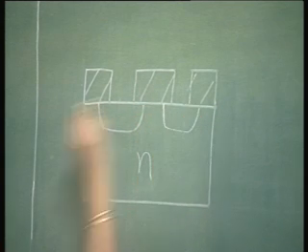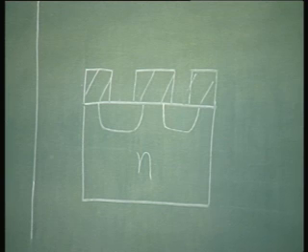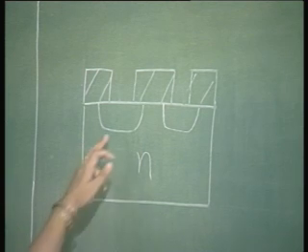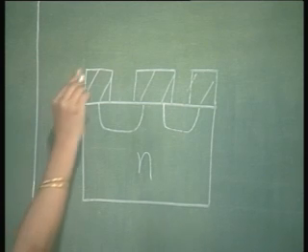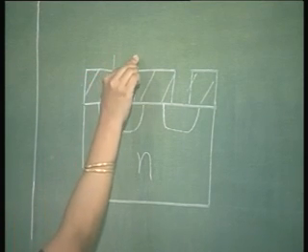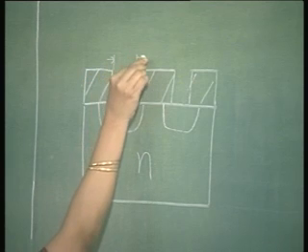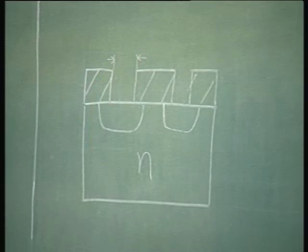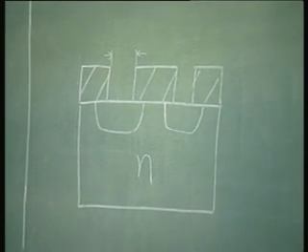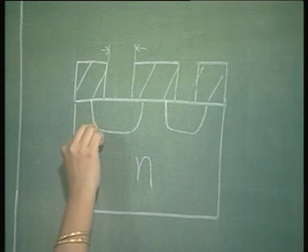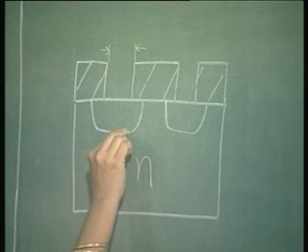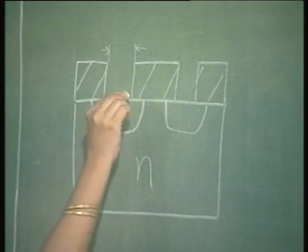I want to draw your attention to one point here. If you look at the figure carefully, you will find that the window is here. This is the dimension of the window. But when I dope through this window, notice that the doped region extends laterally to some distance, right?